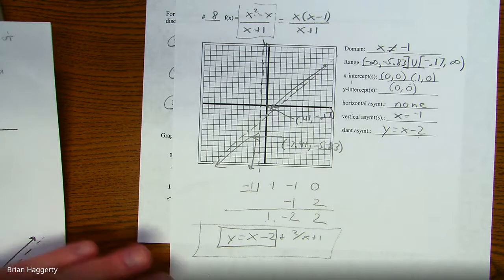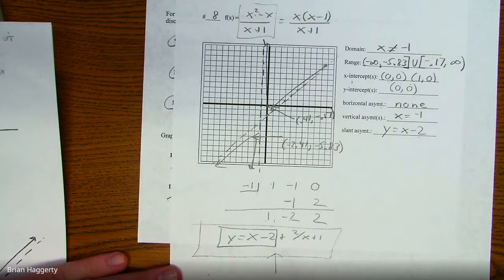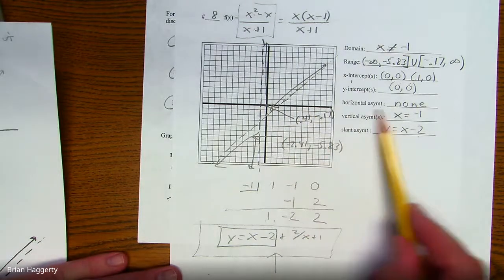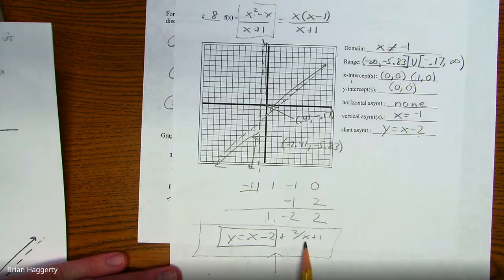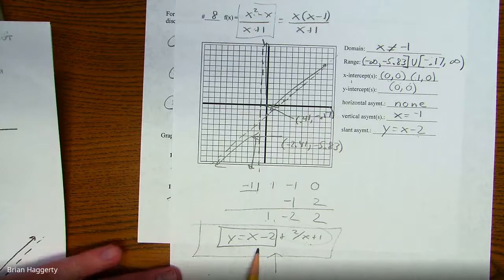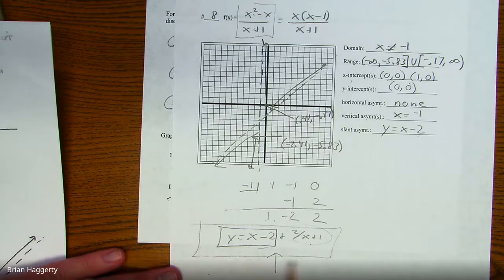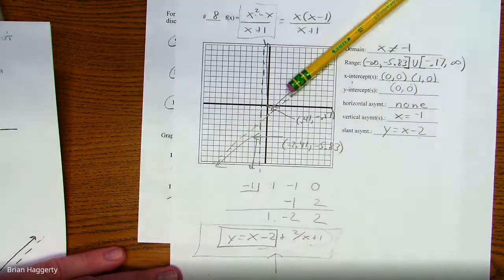Now, what happens is if you look at it in this form and you think about x getting infinitely large, when the bottom of this fraction gets really, really, really big, the entire fraction comes closer and closer and closer to 0, which means that this doesn't become very important for the overall shape of the graph. The overall shape of the graph, once you move away from that vertical asymptote, is going to look an awful lot like y is equal to x minus 2. That's why it approaches that asymptote like that.